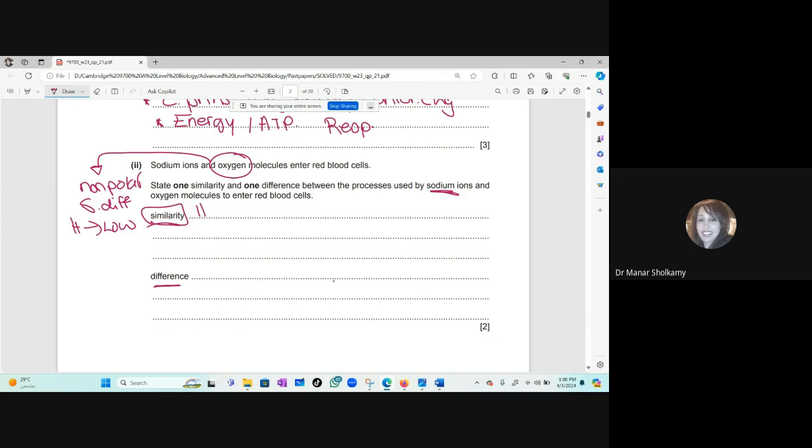Yes. So the similarity is they both move from high to low, so they both move by diffusion. But there is one very important difference between the diffusion of oxygen and the diffusion of sodium. Mariam told me that oxygen moves by simple diffusion. In other words, this is diffusion that does not require a transport protein, while the other requires a transport protein.